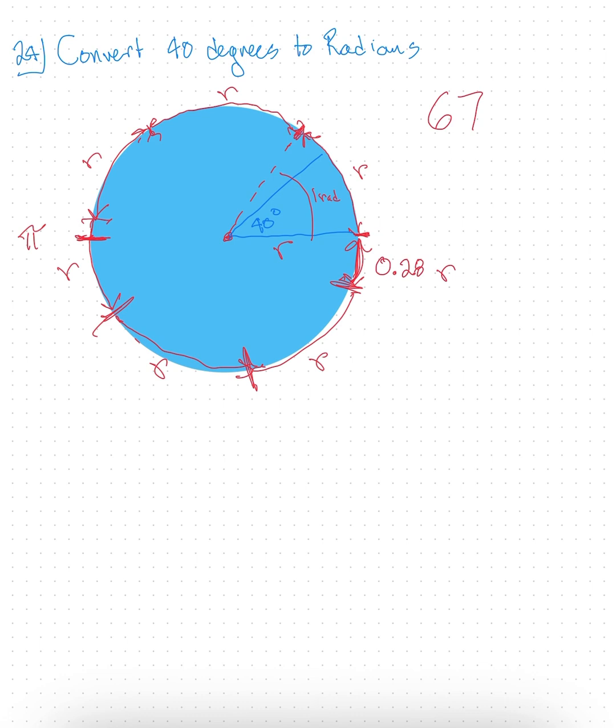Okay, so now we know that 1 revolution is equivalent to 360 degrees, and that is equivalent to 2 pi radians.